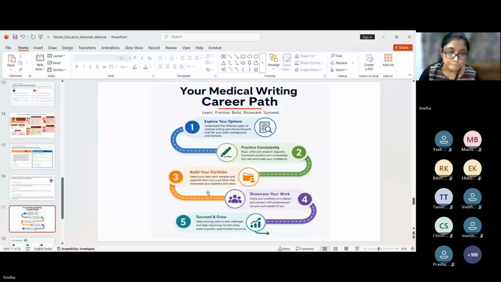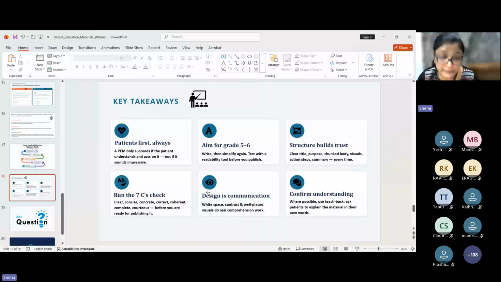Okay. As we come to the conclusion of this session, we'll have a look at the key takeaways of today's session. For patient education material, it is always patients first, always. Patient education material only succeeds if the patient understands and acts on it, not if it sounds impressive.